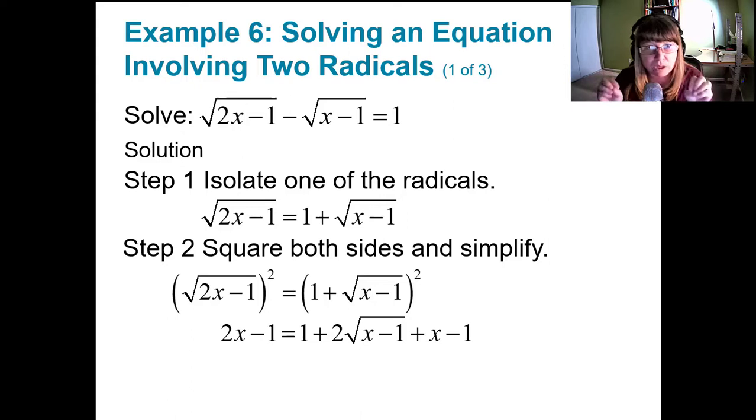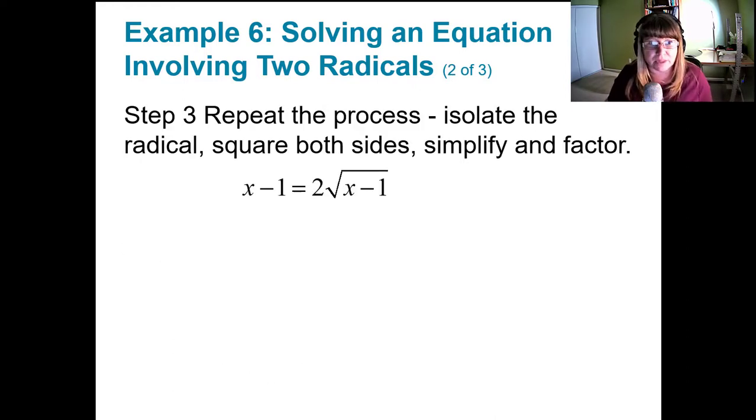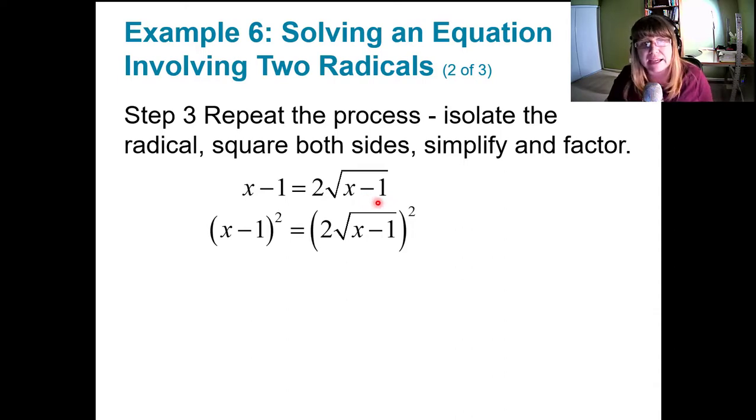So now what we're going to do is move everything that we can and isolate this particular radical. Once we do that, we end up with x minus 1 equals 2 times the square root of x minus 1. Square both sides.